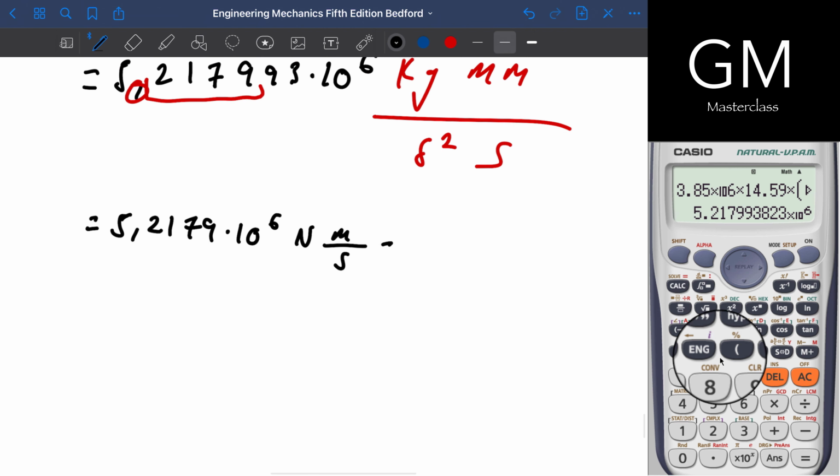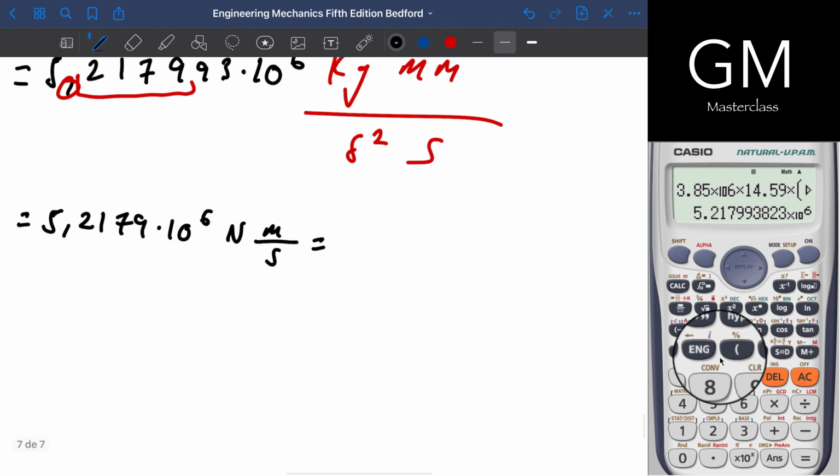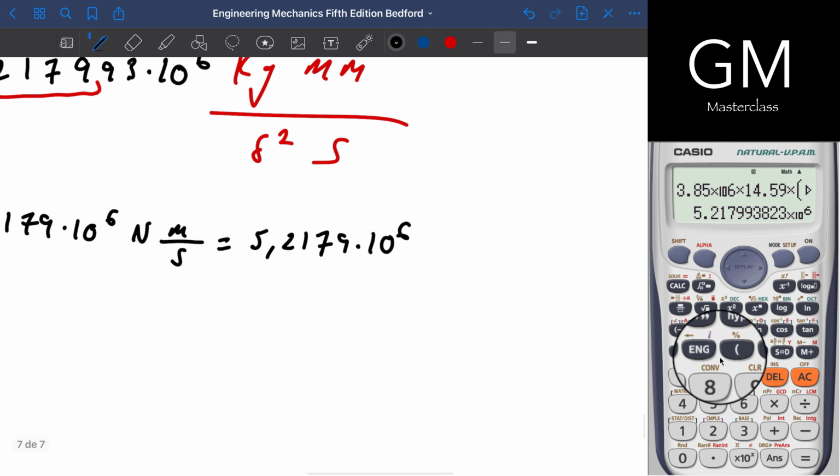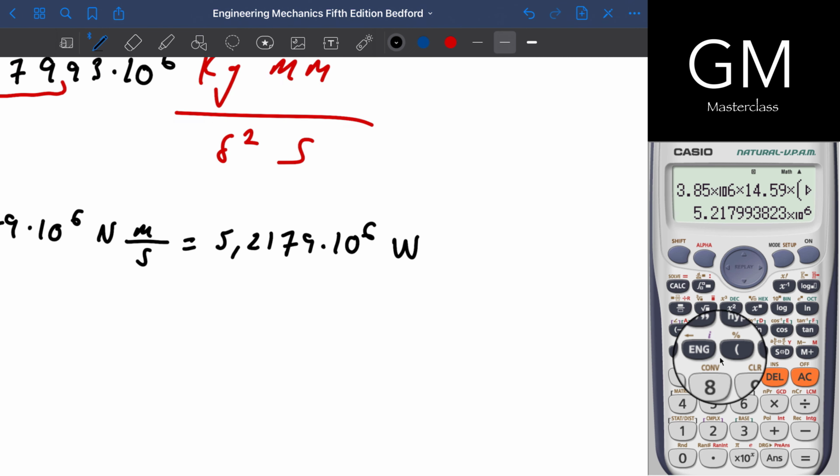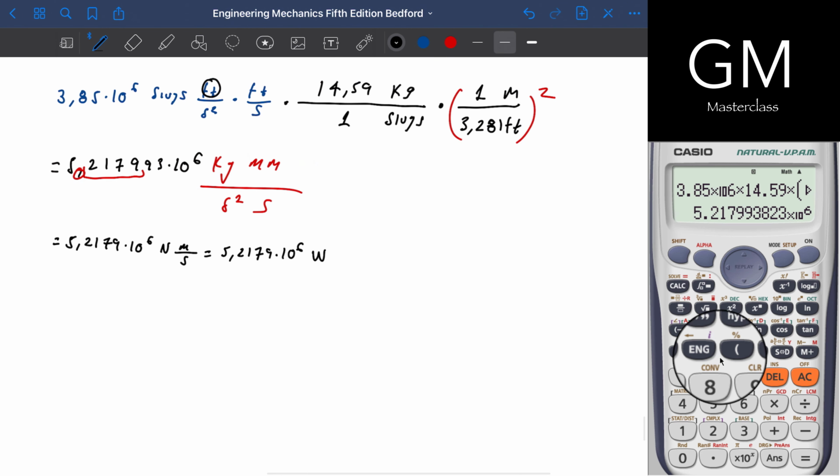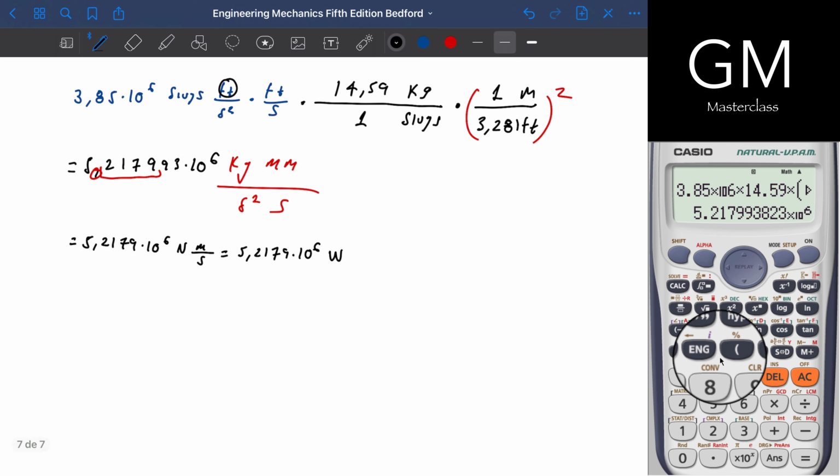And this is the same thing as having 5.2179 times 10 to the 6th power watts. And this, guys, is the result for this exercise.